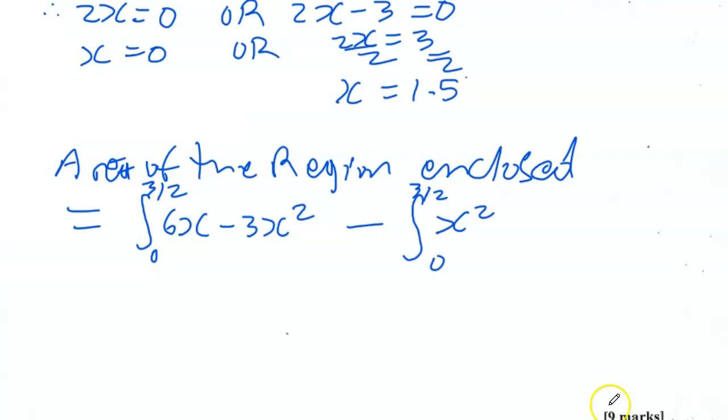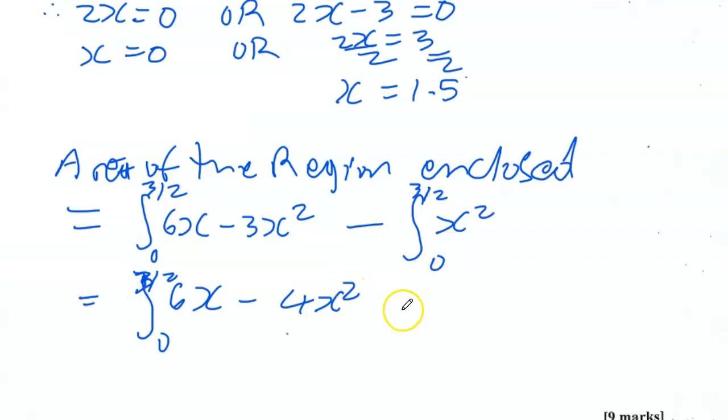Alright? And of course, we can just use one integral, so 6x minus 3x squared minus 1x squared, we end up with minus 4x squared actually, and the limits don't change, 0 and 3 over 2. dx of course, since we're integrating with respect to x.